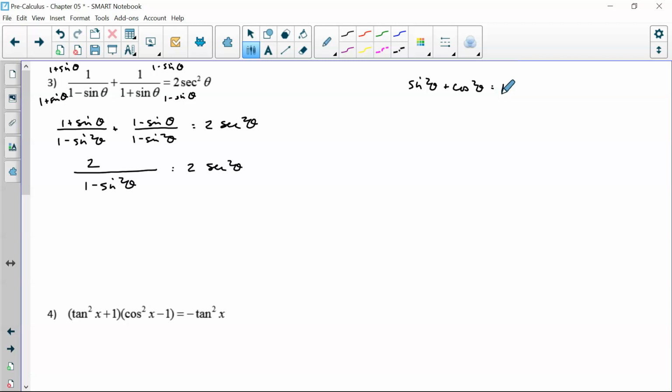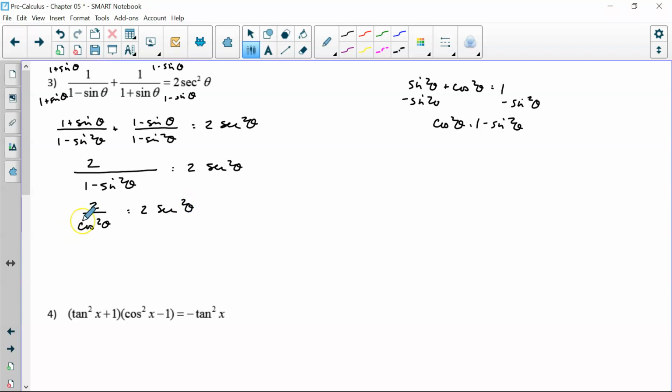So if I get 1 and sine on the same side, if I subtract sine squared theta from both sides, I get cosine squared theta equals 1 minus the sine squared theta. So instead of writing 1 minus sine squared theta, I can substitute that with cosine squared theta. So it's 2 over the cosine squared of theta equals 2 secant squared theta.